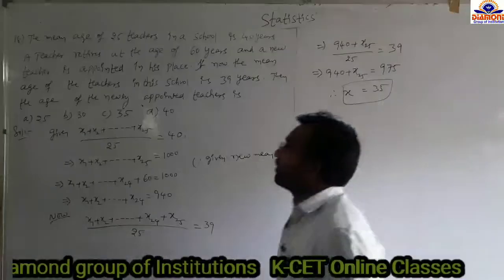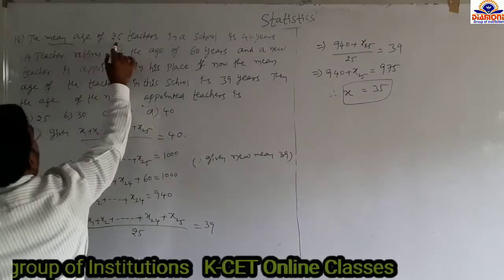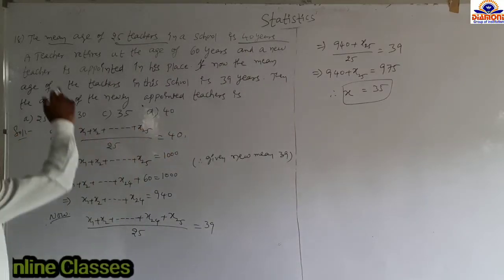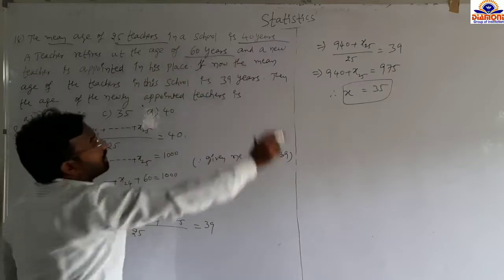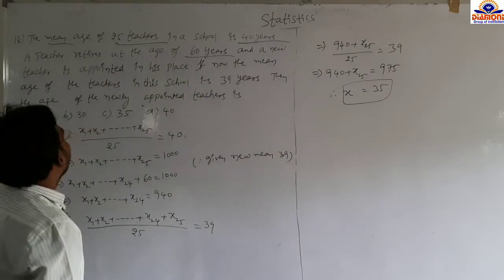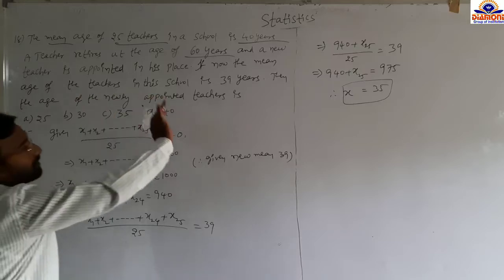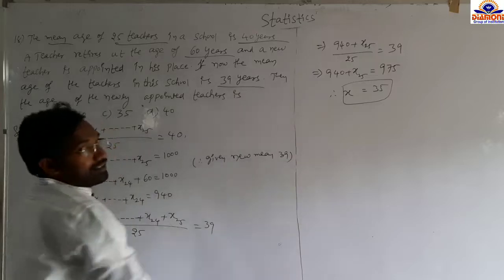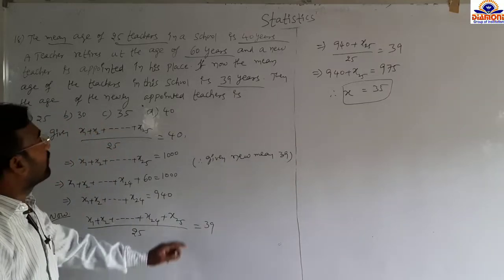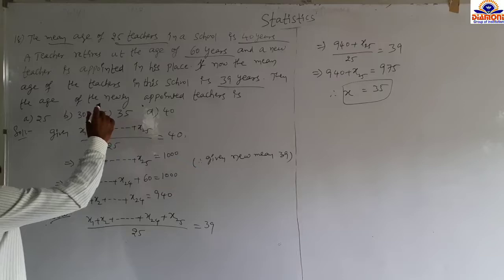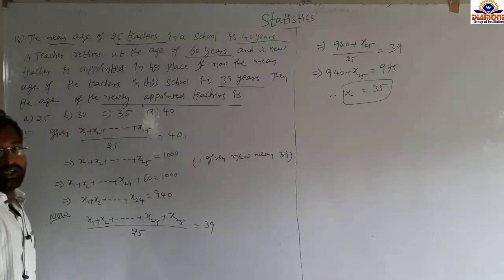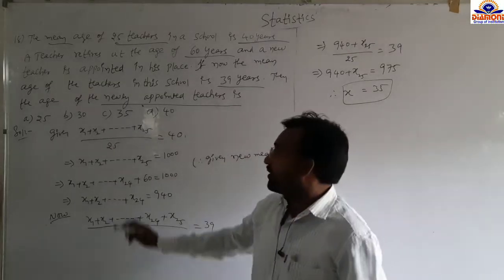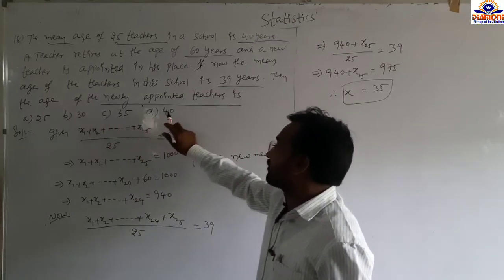Next problem. The mean age of 25 teachers in a school is 40 years. A teacher retires at the age of 60 years and a new teacher is appointed in his place. If now the mean age of the teachers in the school is 39 years, 1 year decreased, then the age of the newly appointed teacher is: option A 35, option B 30, option C 35, option D 40.